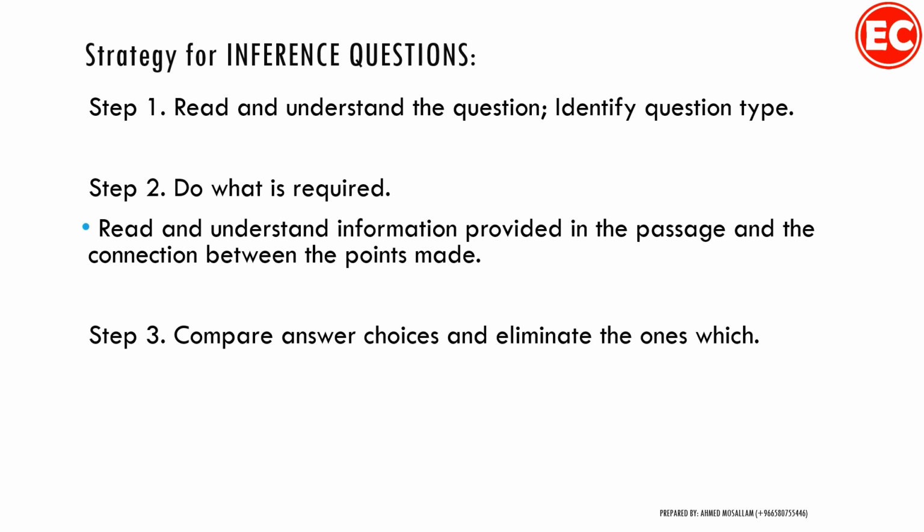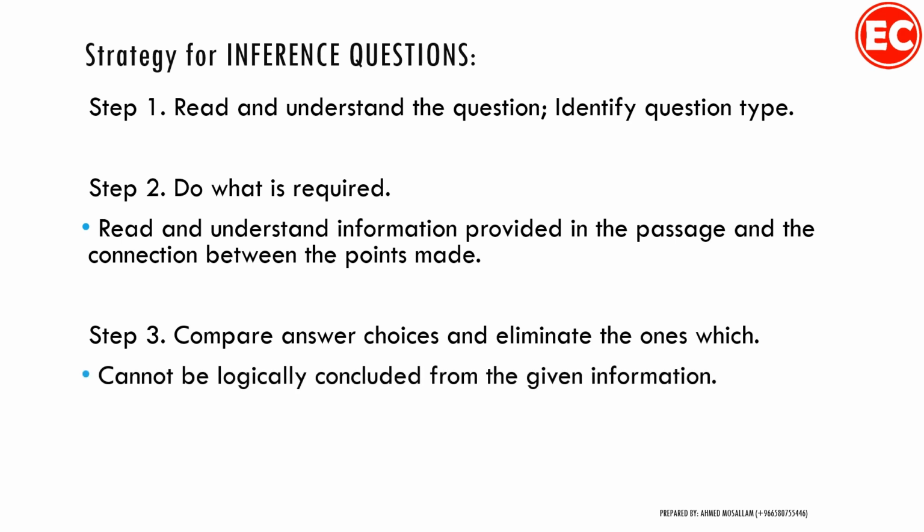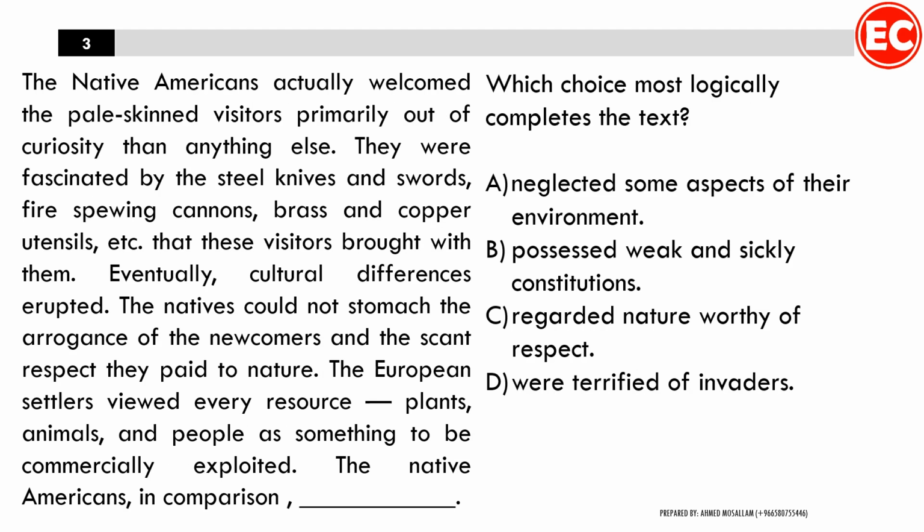Compare the answer choices and eliminate the ones which cannot be logically concluded, make extreme claims, or are irrelevant. For a question like this, which choice most logically completes the text, I advise every student to keep this question to the end of the test and not answer them according to the sequence of questions. You find them just before the grammar section.